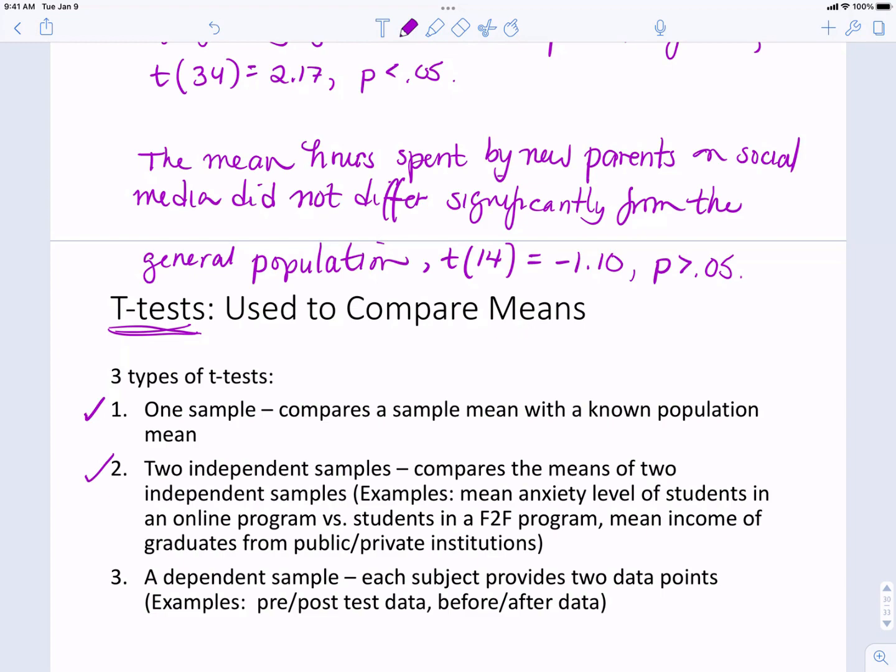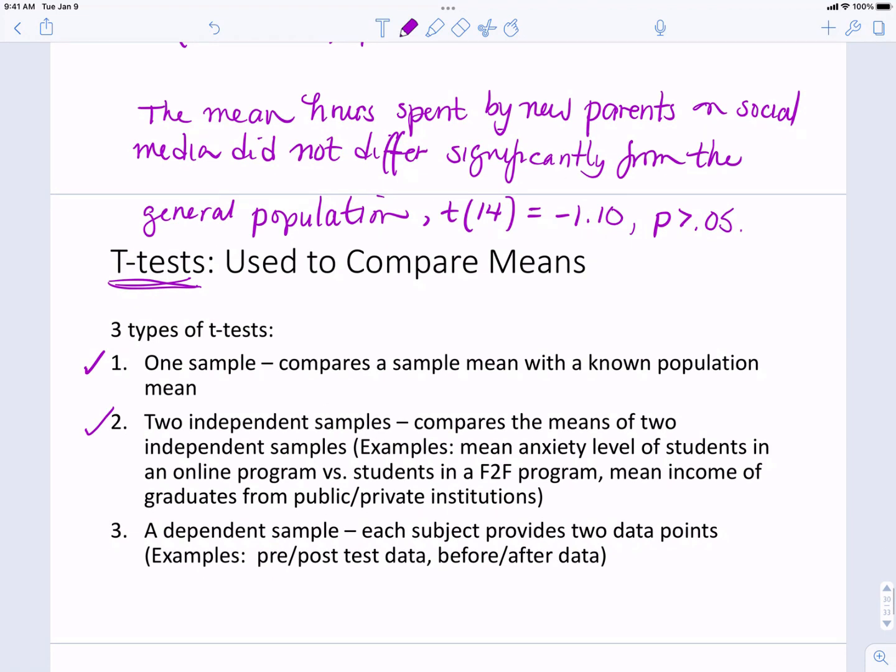You have a group of students in one version of a class, group of students in another version of instruction, and you're going to compare their anxiety levels. The mean income of graduates from public institutions versus the mean income of graduates from private institutions. So that would be independent samples. And again, we're going to take a look at that in a few classes.